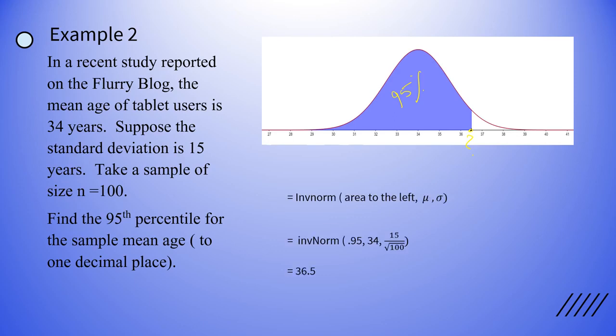So we can make use of the inverse norm key. Inverse norm, area to the left, the mean, and the corresponding standard deviation. But in this case, it is not just sigma. It will be sigma divided by square root of n. So it is 15 divided by square root of 100 because it is for the sampling distribution, not for the original distribution. So it is 15 divided by square root of 100, which will be 36.5.